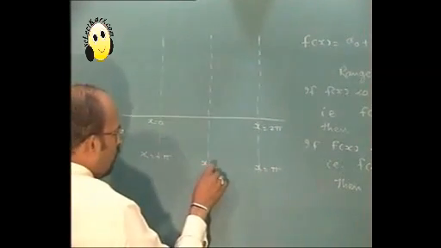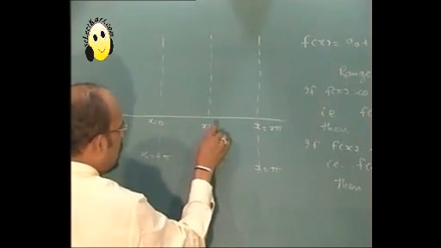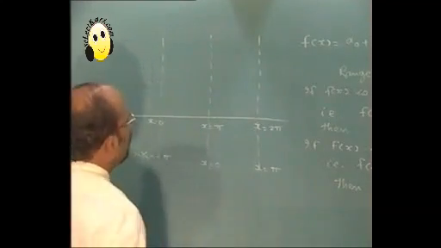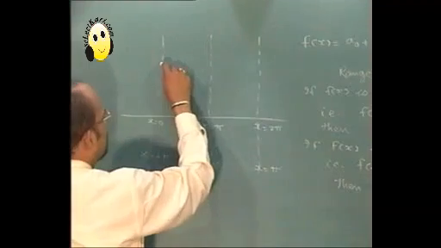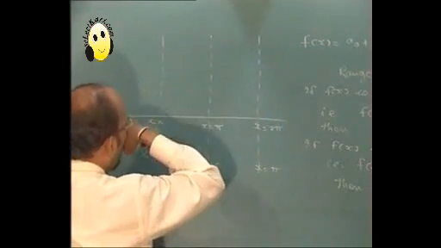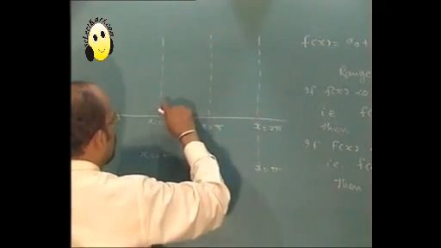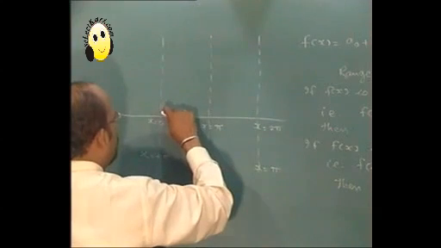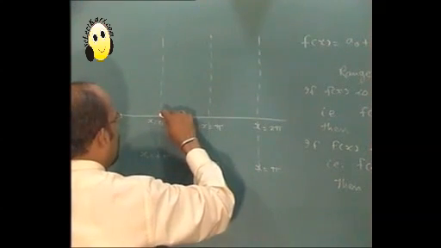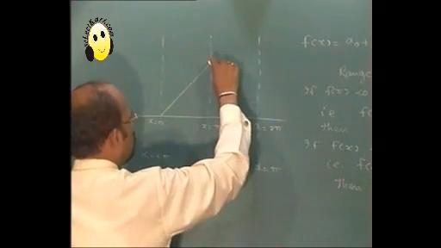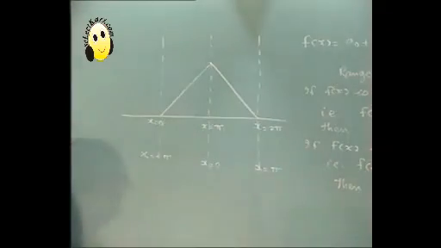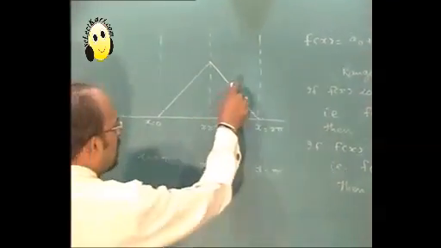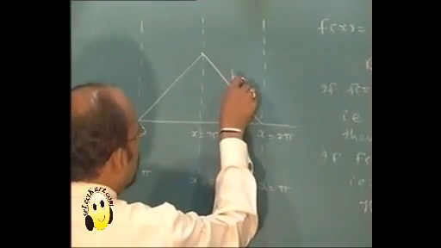Of course, this will be the line x equal to 0, and in this case it will be the line x equal to pi. And if we have the function f(x) defined as a symmetric function, something of this sort, this is symmetric about the center, for such a function bn will come out to be 0.